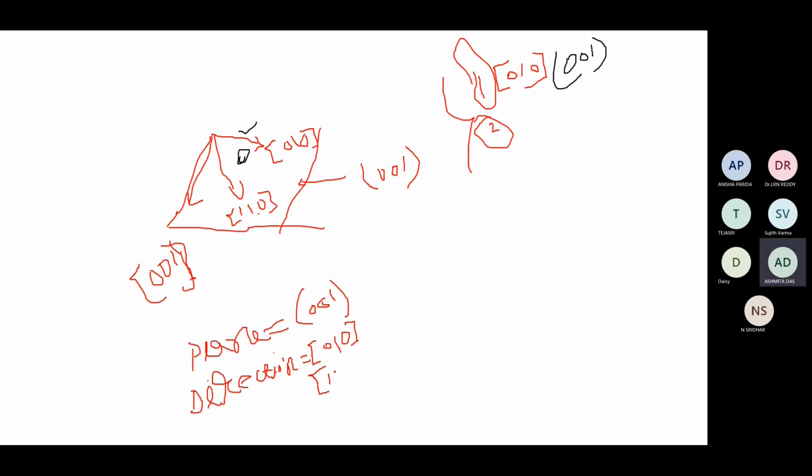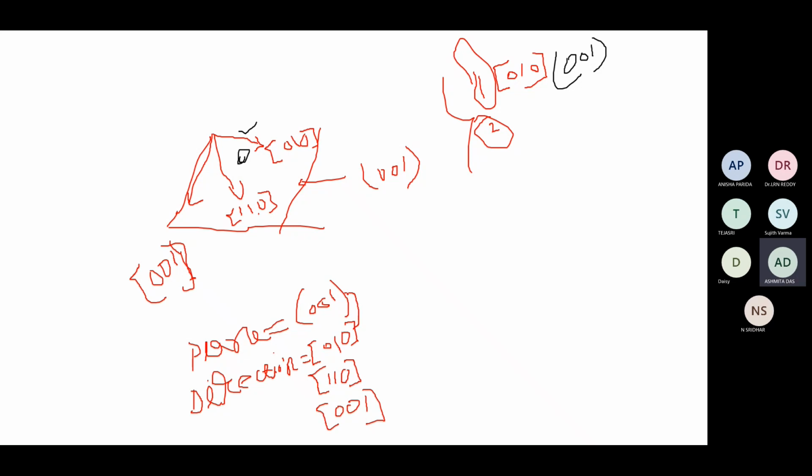And the third one will be 0, 0, 1. This direction I am just choosing randomly. It's not like there should be anything specific. Suppose these three. So this first slip system is a combination of these two.